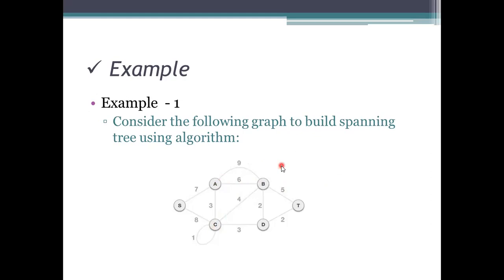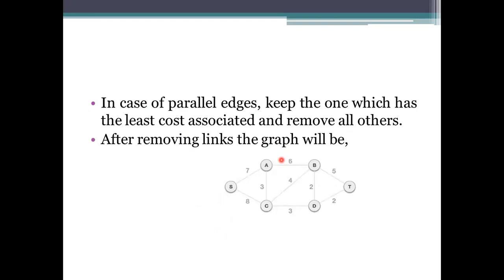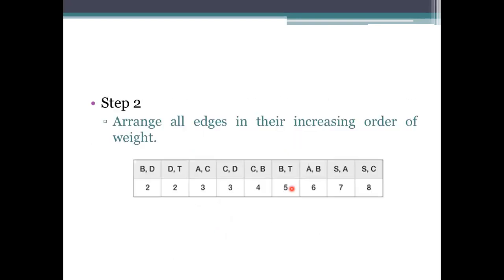So discard the loops and parallel edges first. Here the loop vertex is C, and the parallel edges' vertices are A and B. Find these parallel edges and the loop edges and discard them from the given graph, and by removing them, we have this graph here. So this is the final one to be processed.